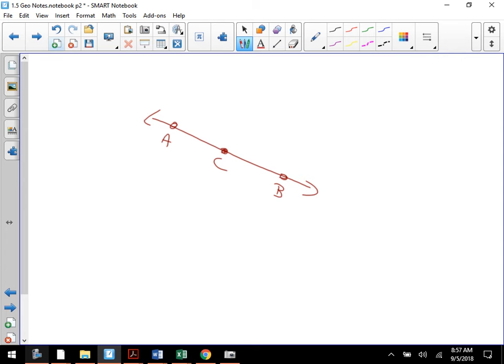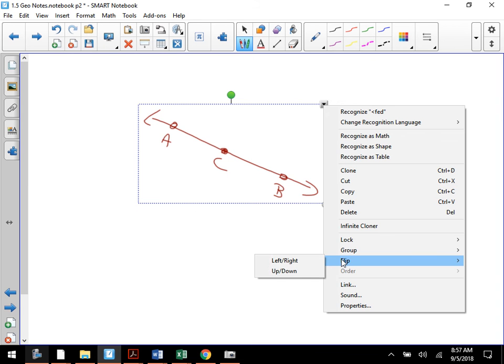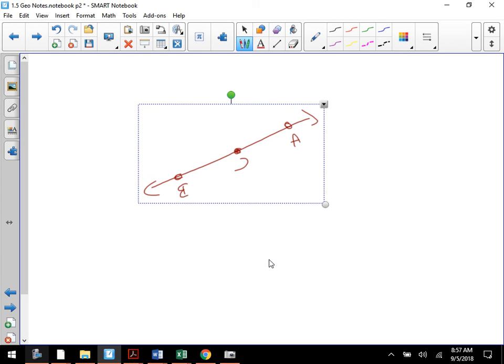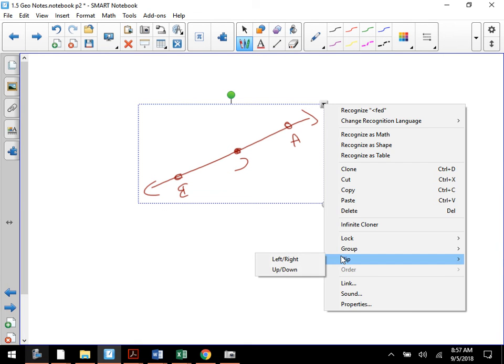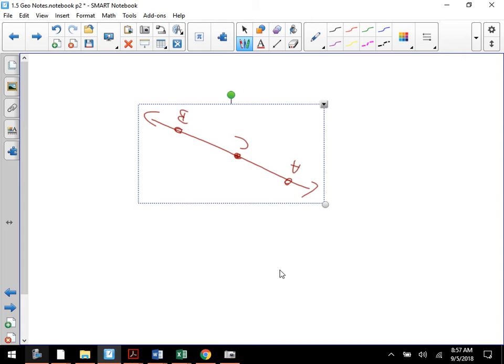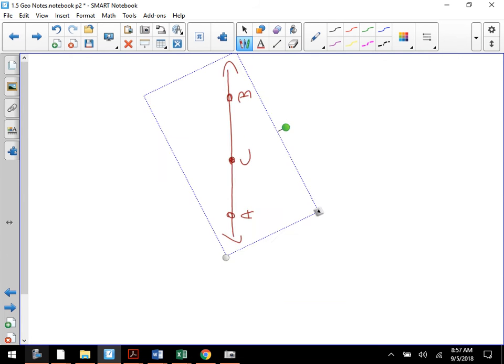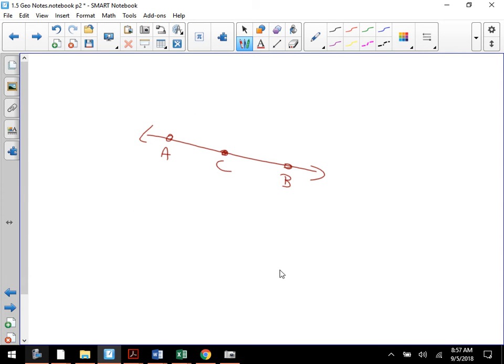Opposite rays create a line. Would it look like that? No, I started with B on the other side.